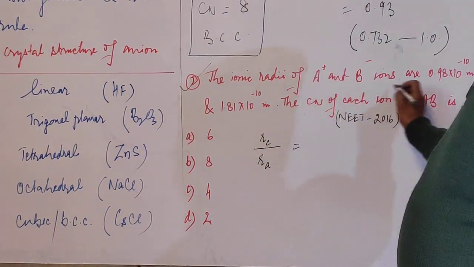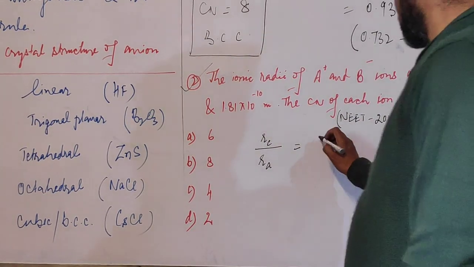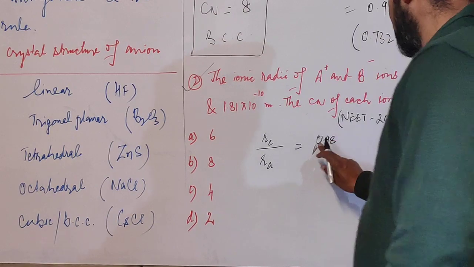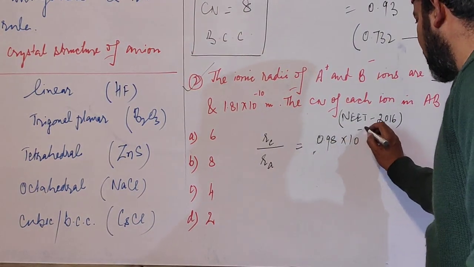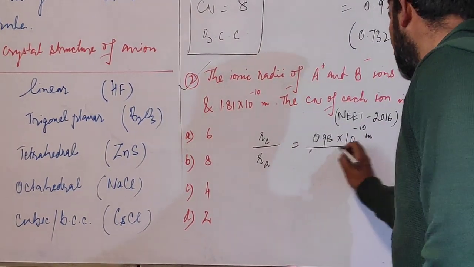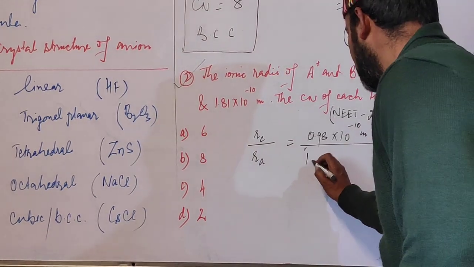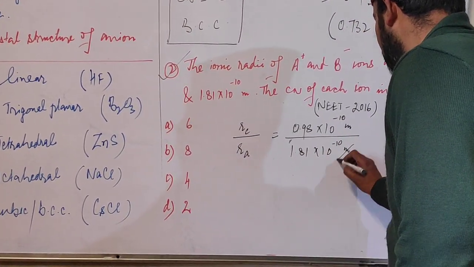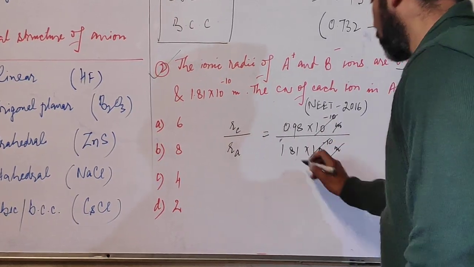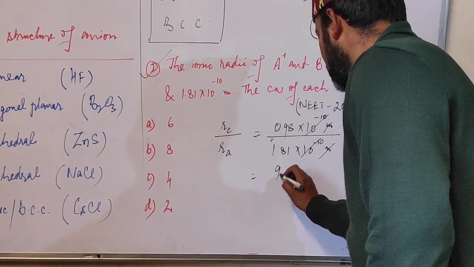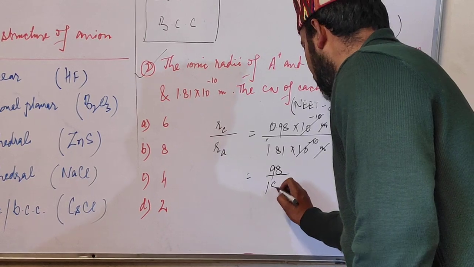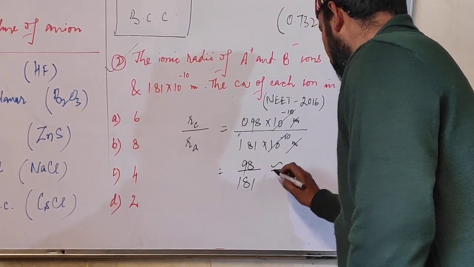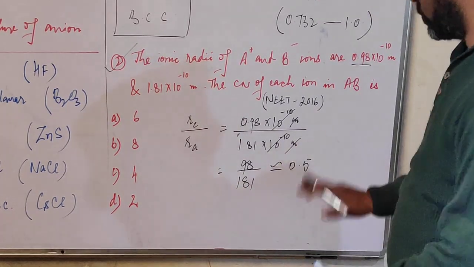Cation has radius 0.98 into 10 raised to power minus 10 meter. Anion has radius 1.81 into 10 raised to power minus 10 meter. So students, solving this we get 98 by 181, and approximately this is 0.5.